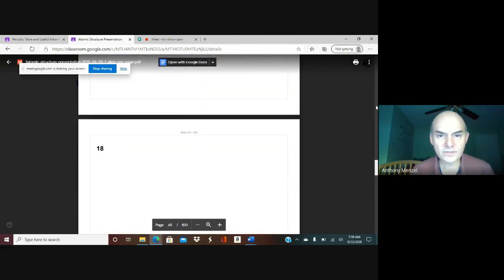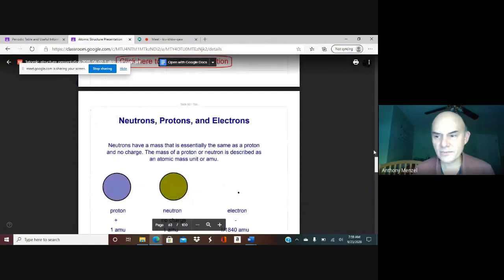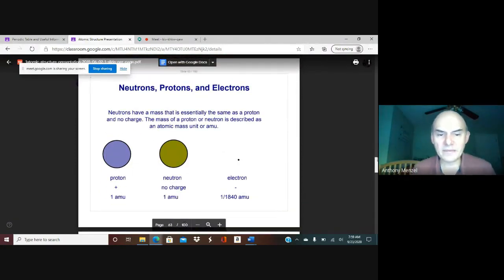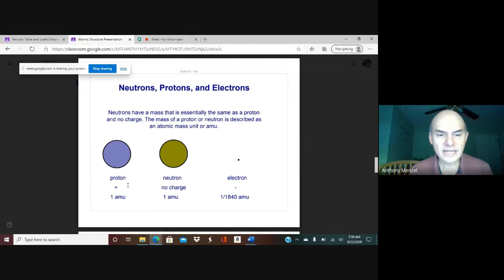And if we go to another very important slide in this presentation, it gives a really good summary of each one of the subatomic particles and what it contributes to the atom. We look here. The proton is contributing a positive charge and approximately 1 atomic mass unit, or AMU, of mass to the atom.